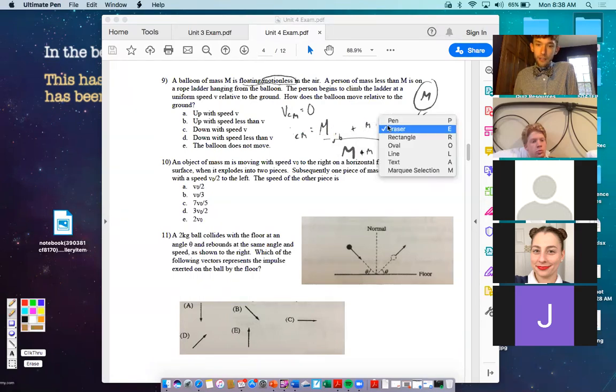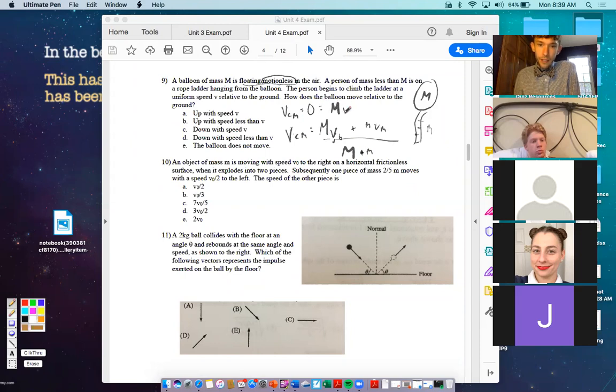I can plug in their velocities here and the equation works. So the velocity in the y direction of the balloon plus the velocity in the y direction of the man. And I can rearrange this equation. I know it has to equal 0. So the big M plus little m on the bottom goes away. Sorry, this is kind of shoved in here and kind of getting sloppy, but this basically rearranges to this.